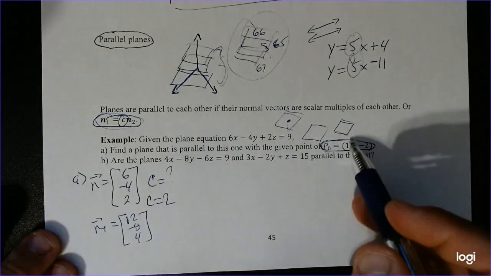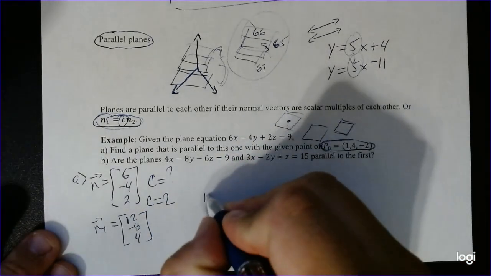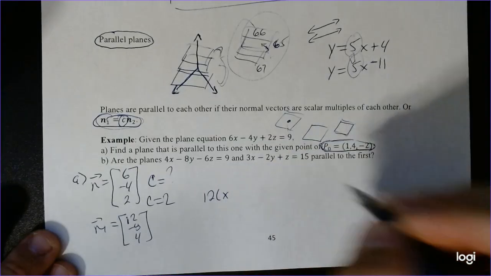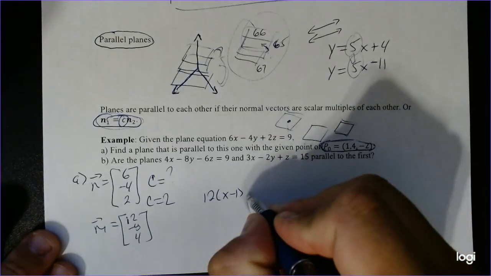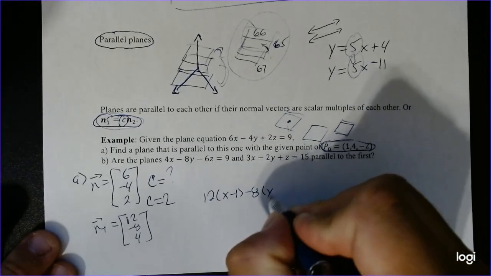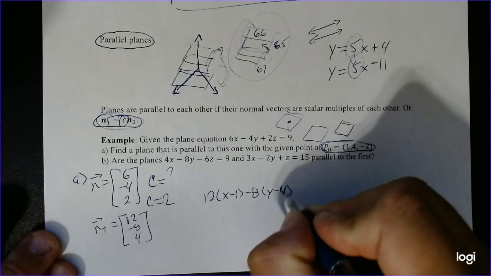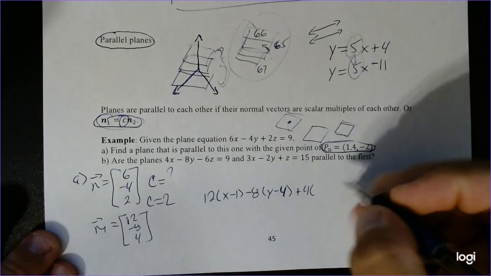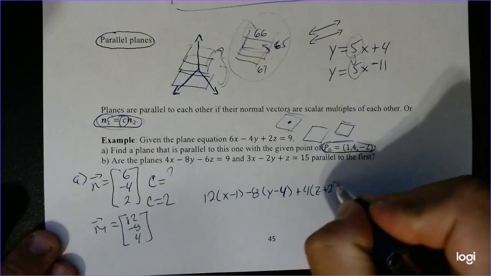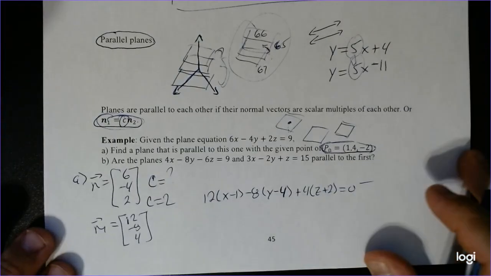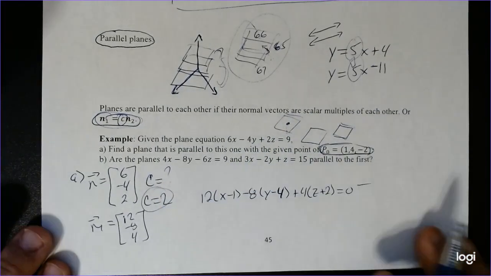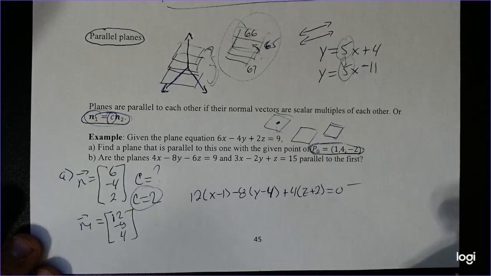And we'll just use that one with this point. And there we go. Again, you can pick any number because it's just a scalar multiple of it, which is the best part.